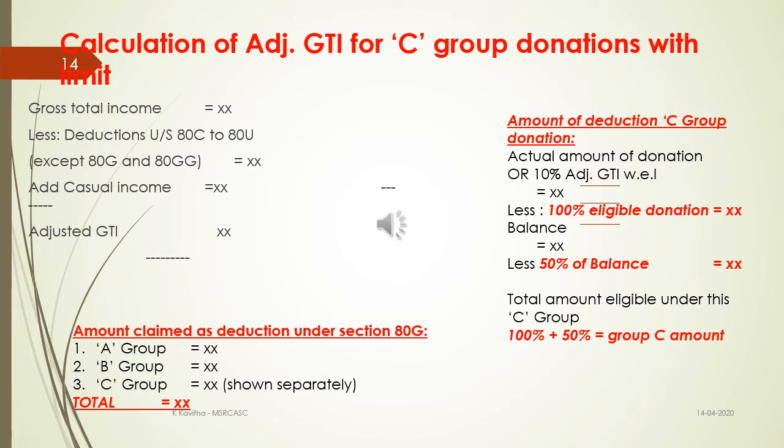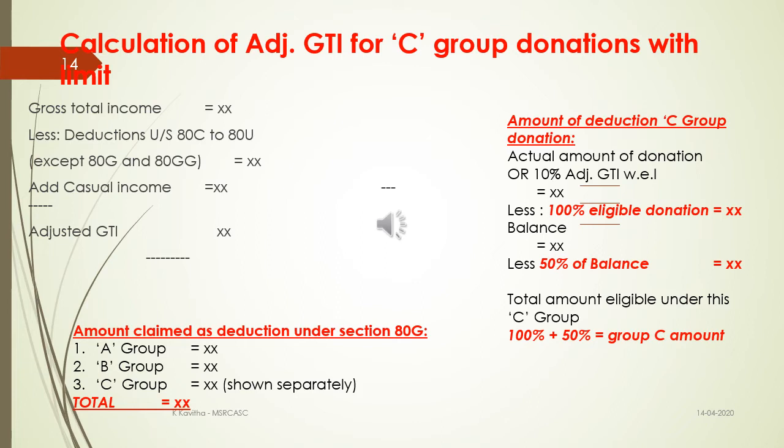Out of gross total income, you subtract casual income, LTCG and STCG with STT. Then deductions from 80C to 80U except 80G. Then whatever amount you get is called adjusted gross total income. Out of this adjusted gross total income, you have to take 10% of adjusted gross total income or the actual amount of donation, whichever is less.